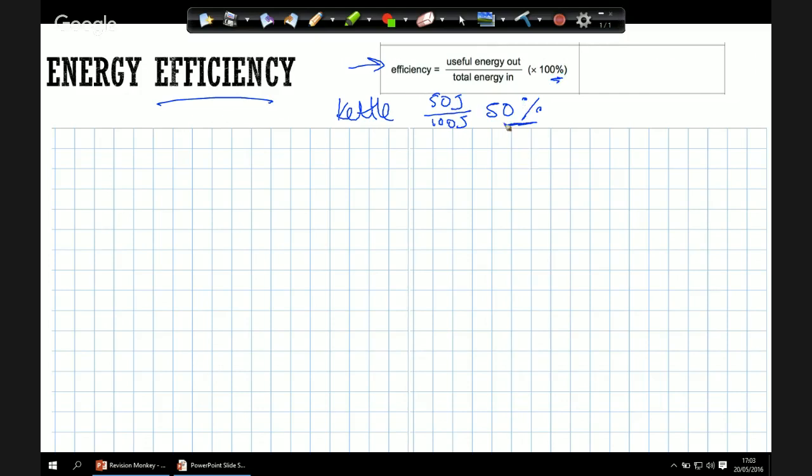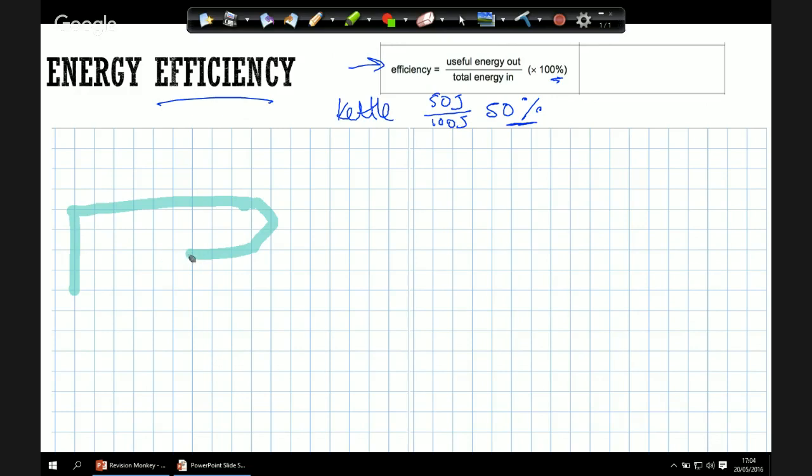You may well see it in this kind of form, but sometimes you'll also see it in the form of what's called a Sankey diagram. Where people go wrong with Sankey diagrams is they get really confused when there's no numbers. If we draw a basic Sankey diagram, sometimes you have one bit of useful energy going out, sometimes a couple of bits of wasted energy.